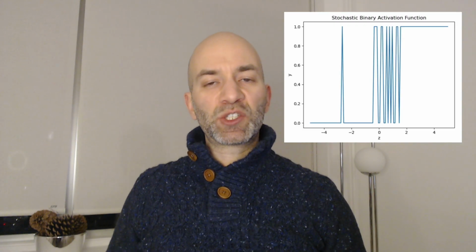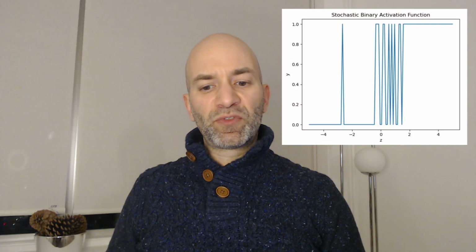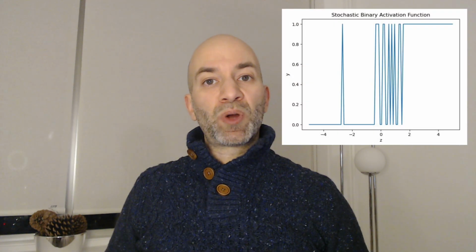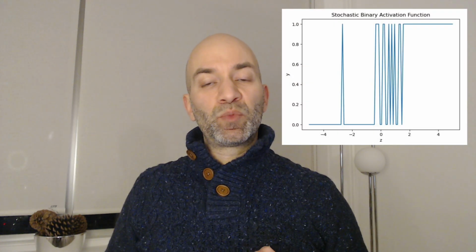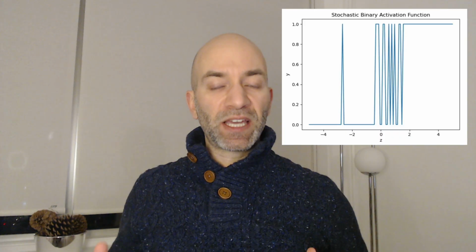And this makes sense when we consider the probability of having 0 increases as we get increasingly negative along the x-axis, if we remember the profile that we saw earlier for a state equals 1. Conversely, for larger values of z, the probability tends to get higher that we return a state of 1 for ever increasing values of z. And this is again consistent with the probability profile that we saw earlier.